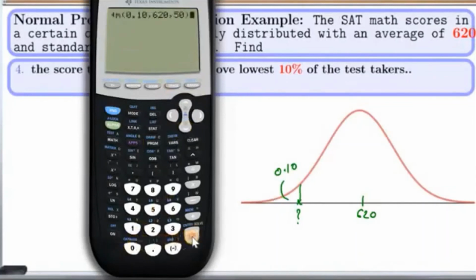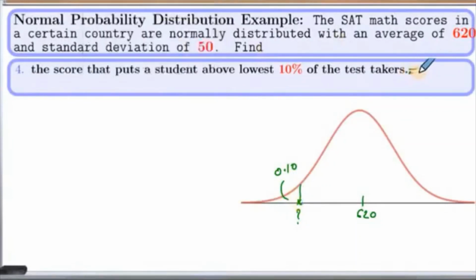Then hit enter, then hit enter. So this point here is 555.92. So let me write that down here. This equals 555.92.